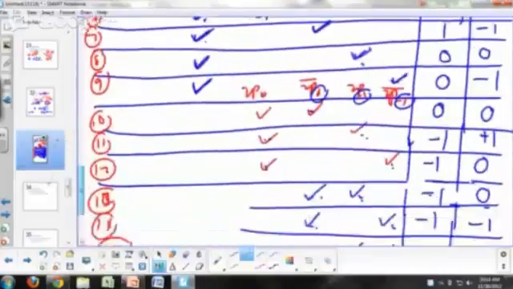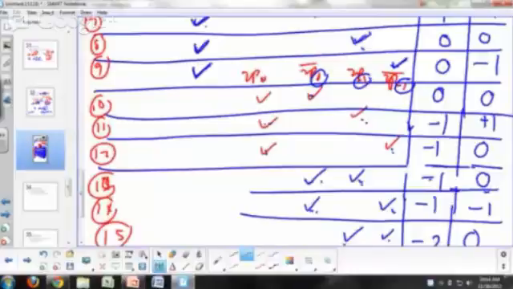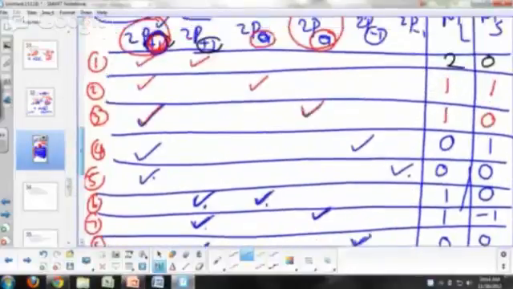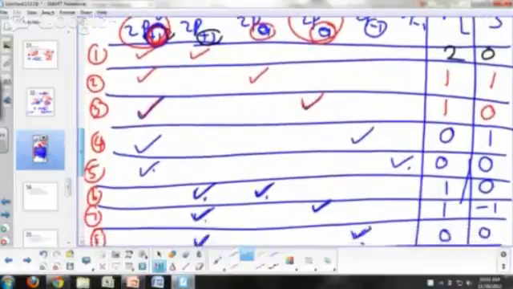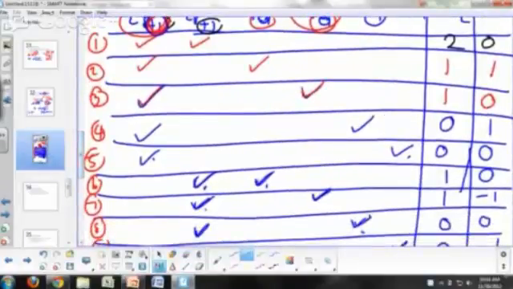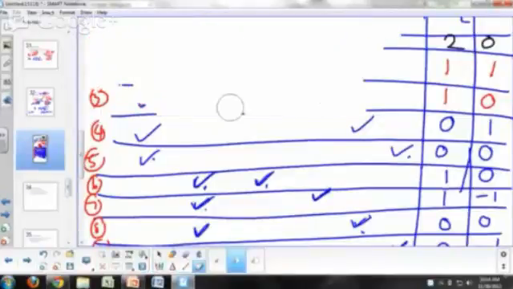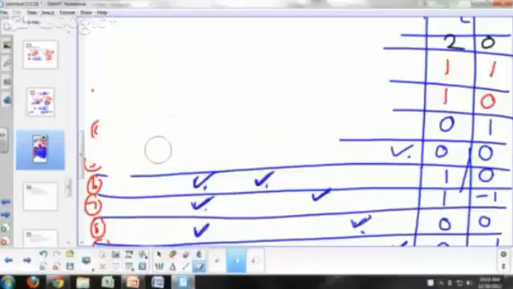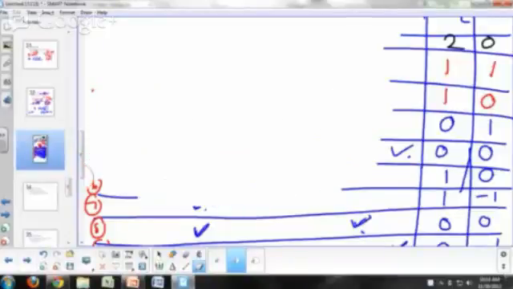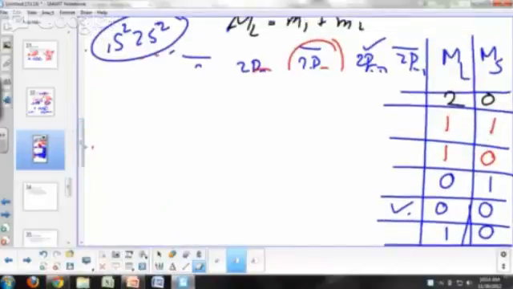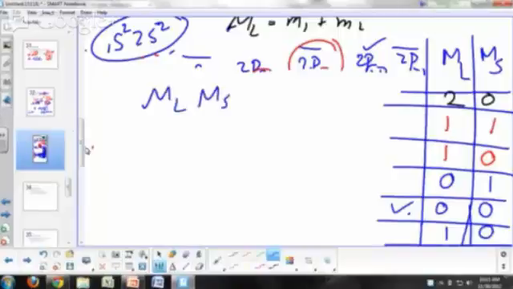Let's tabulate those. Let me see if I can put them all together in one spot. Let me rewrite them here. Okay. So what do we have? Our M sub L, M sub S values. Okay, so you have a 2, 0.